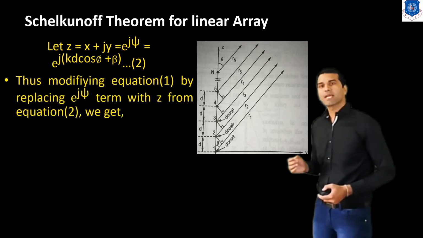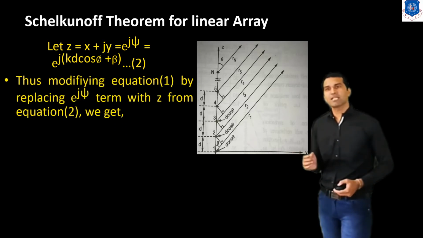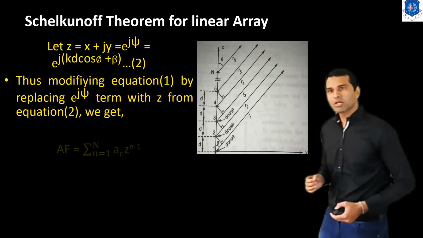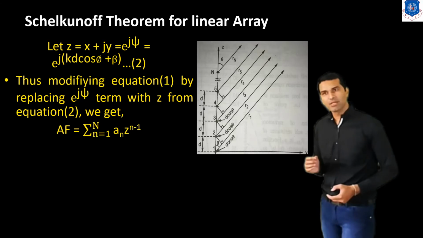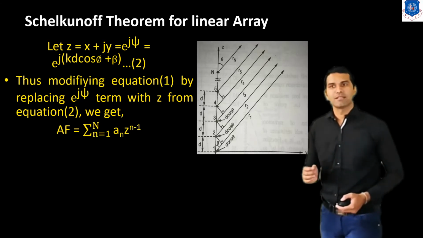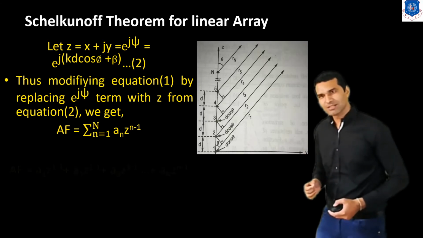Thus, modifying equation number 1 by replacing the e raised to j psi term with the z form, in equation number 2 we get AF equals sigma n equals 1 to N, a_n z raised to n minus 1.